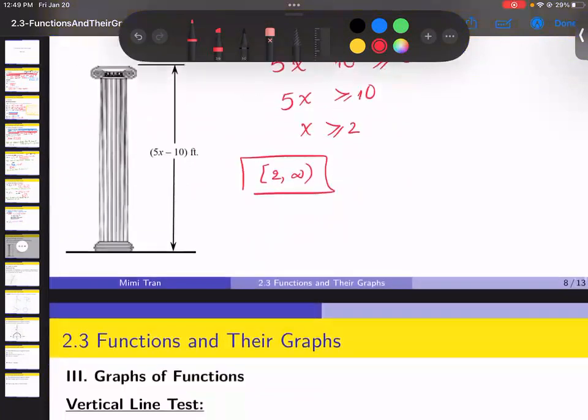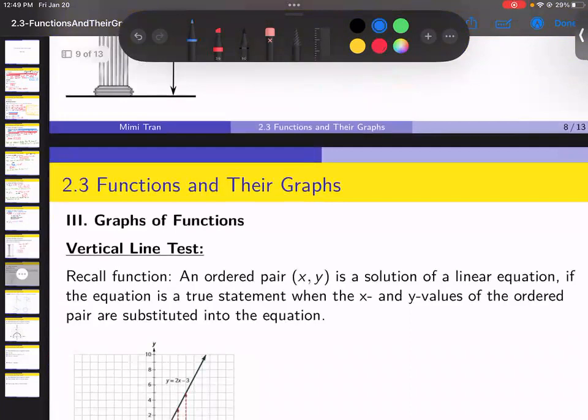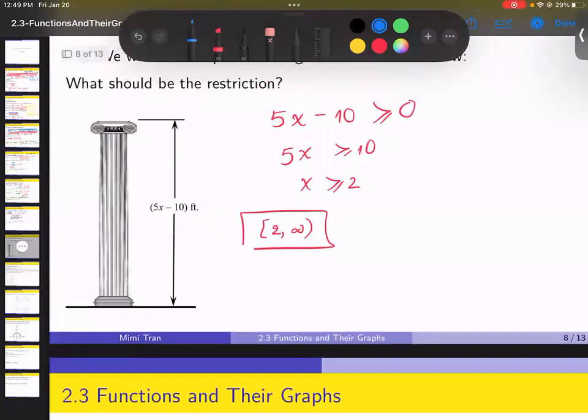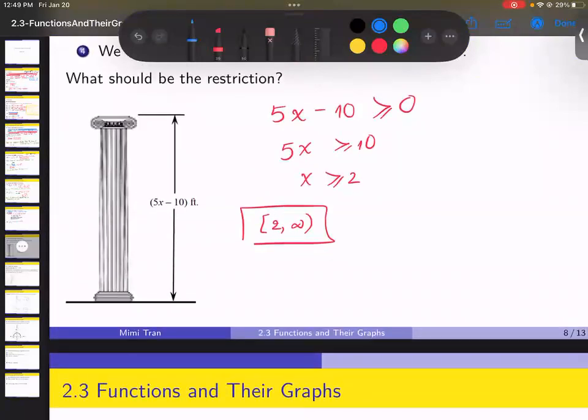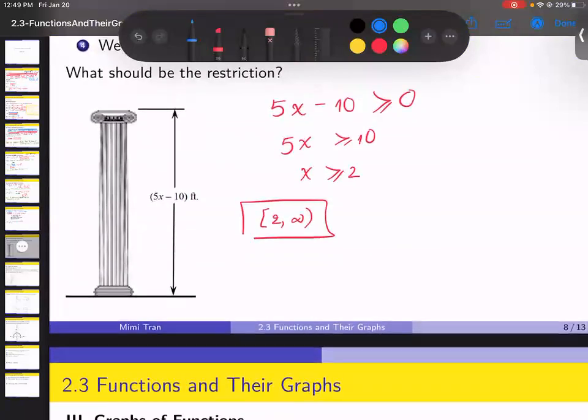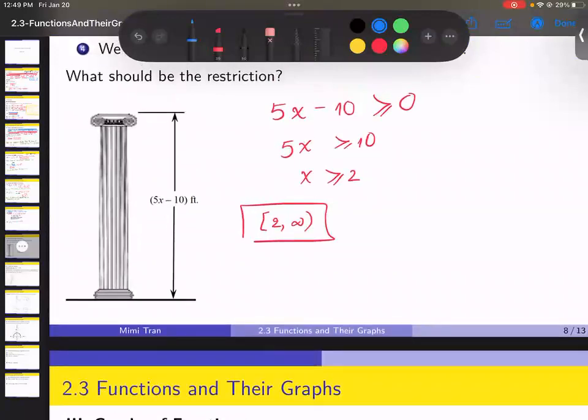All right, vertical line test. Let me tell you what it does. VLT. Maybe I'll show you a graph.